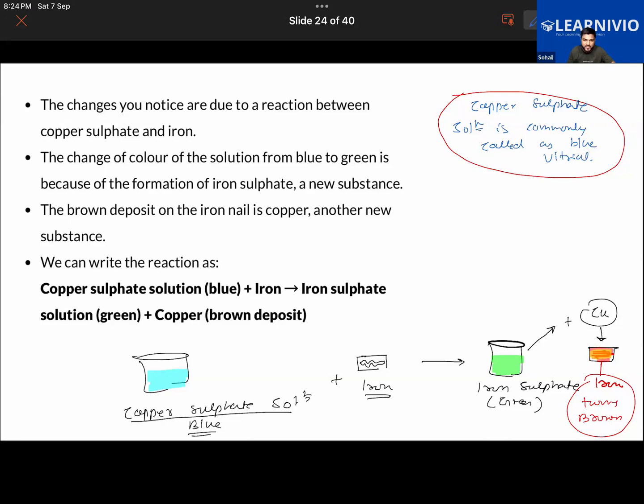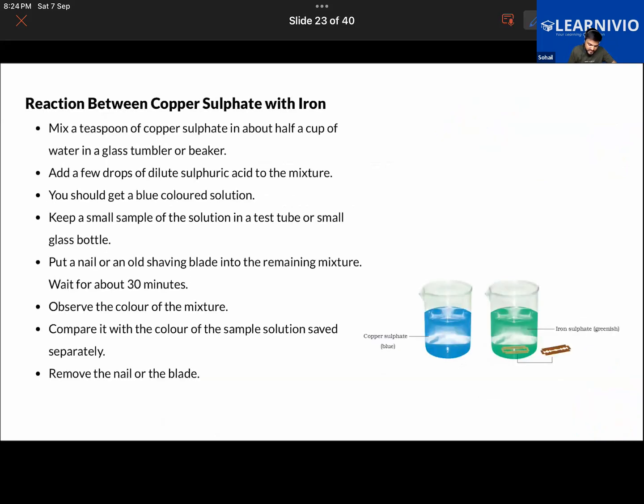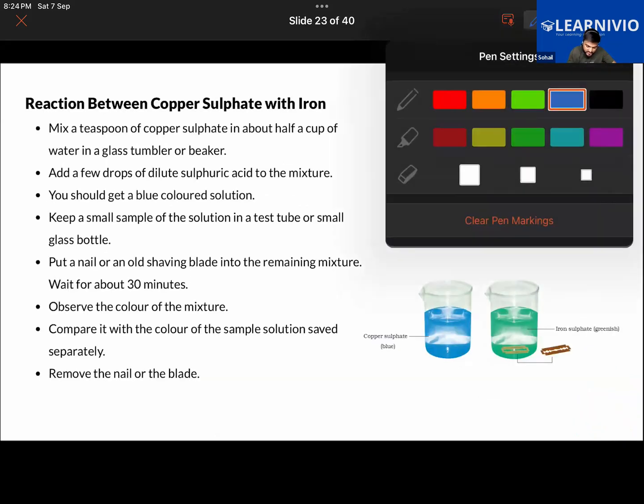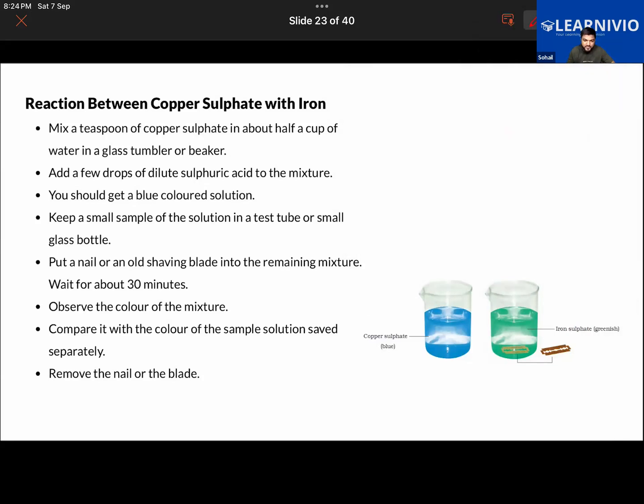There's one more chemical change which we'll be doing in the next class, but as of now, you're going to write down the points which I will be telling you to write. So give the topic: reaction between copper sulfate and iron. Then start writing from here.